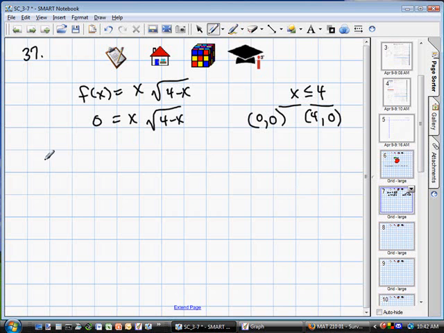Let's work on the derivative now. First derivative. Okay, product rule. And, you know, I can think of this as x times the quantity 4 minus x to the 1/2 power. Okay, product rule. The first times the derivative of the second.